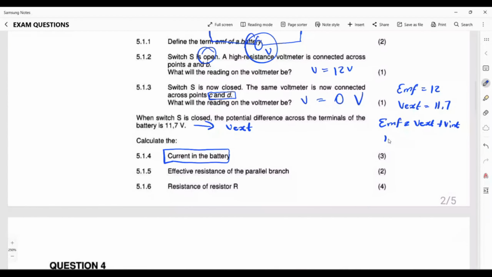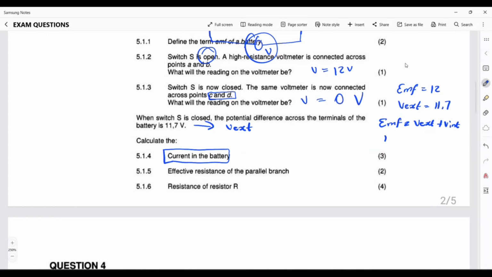Now you are saying 11.7 is V external because they are connected across the terminals of the battery. Everything depends on the language that they're using.